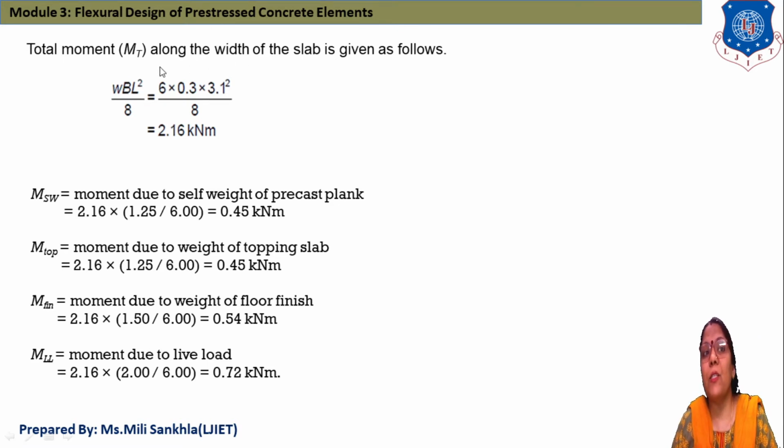The load acts as a UDL, so moment is equal to WL square by 8, but here we find the total moment along the width, so we take W_B L square by 8. W is our total summation, 6 kN per meter square into 0.3, and L is the span of our slab, 3.1 square.